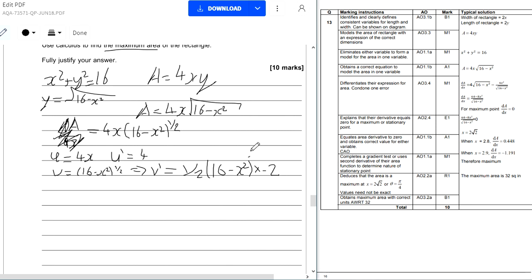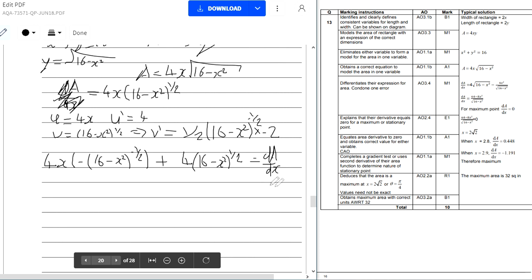Then we plug it into the formula, which is uv dash plus u dash v. So 4x times, simplifying, minus, because the 2 cancels with the half, (16 minus x squared) to the minus a half, and then we add 4 times (16 minus x squared) to the half. And that's dA/dx.